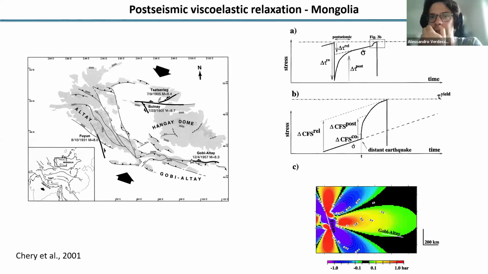And what they saw is that considering viscoelastic relaxation, indeed, they could explain this long distance, but also long time interaction among these faults. There is more than 20 years between those two earthquakes, and there is indeed more than 400 kilometers distance among the faults that generated those two earthquakes.